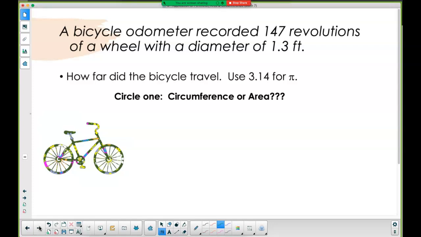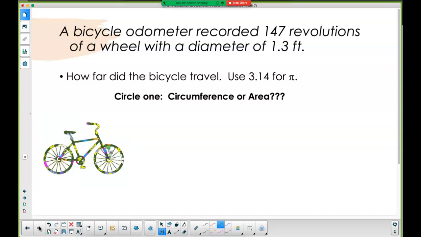Your odometer on your car keeps track of how many miles you drive. Those little numbers tell you how many miles your vehicle has on it. Well, you can put those on a bicycle. There's a little sensor that senses how many times the wheel has gone around, so you can keep track of how far you bike.